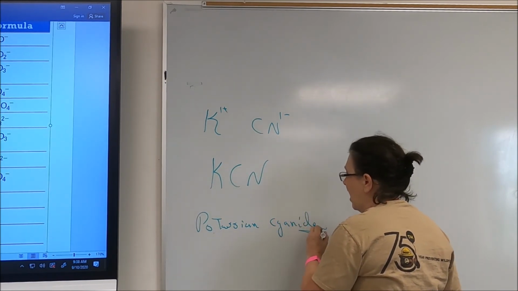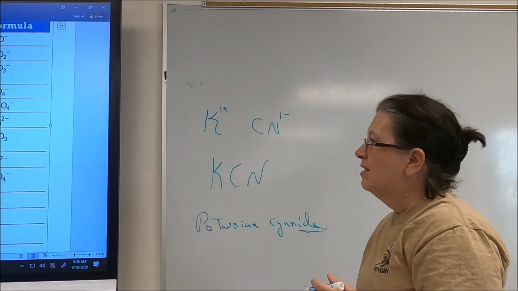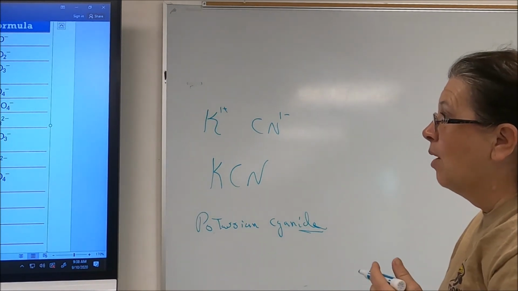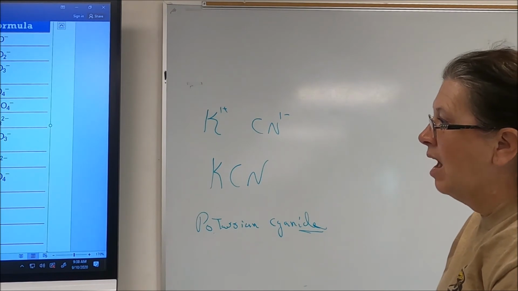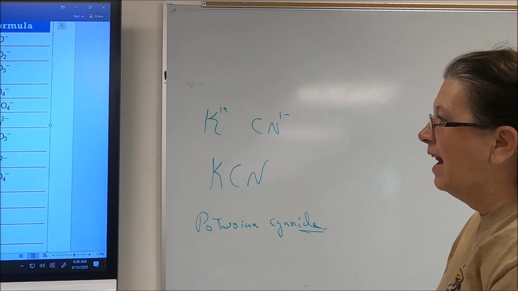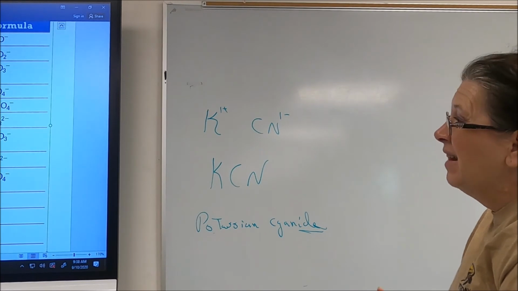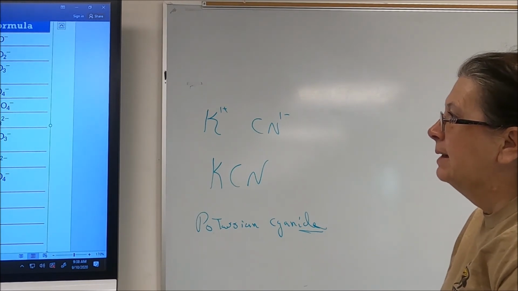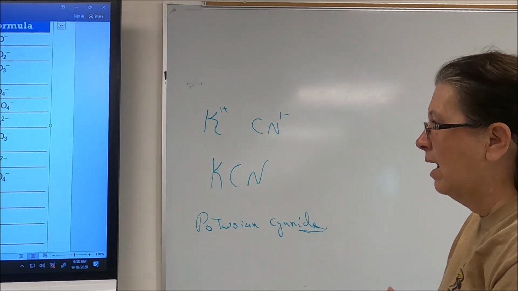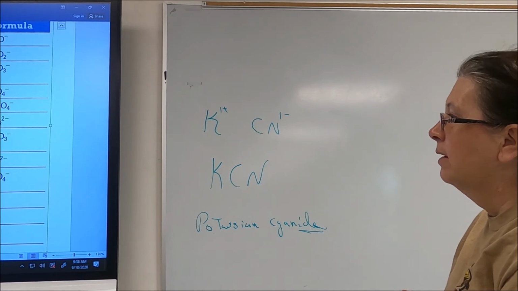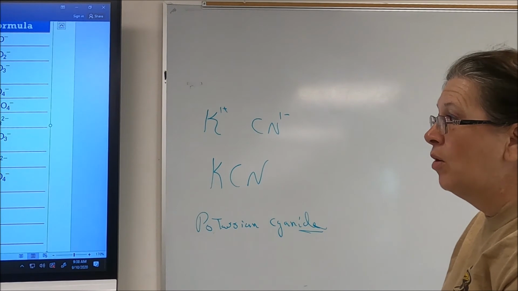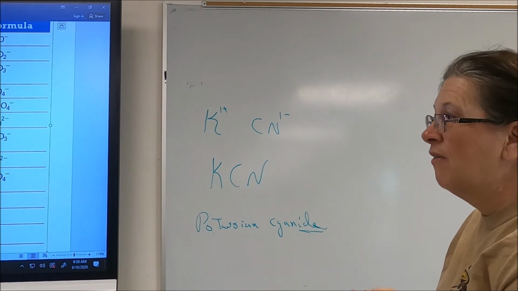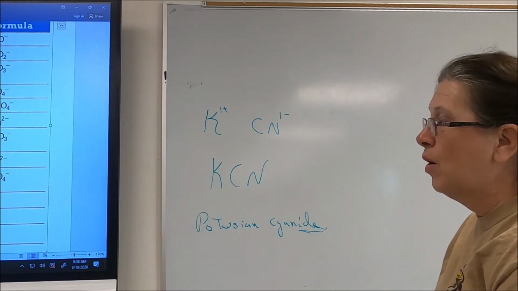Now I want you to notice the ide ending here. Cyanide and peroxide are the only 2 polyatomics that you've got that have an ide ending. And that's because they're not oxoanions, and that's why they get that ide ending. The other one is the ammonium ion, and it's based off the common name of ammonia.